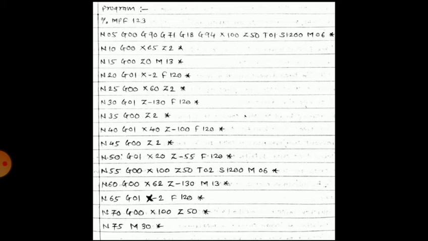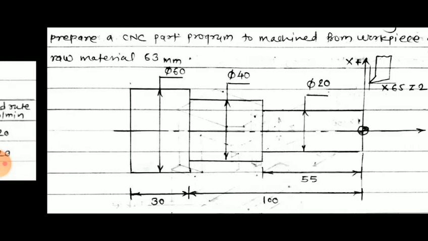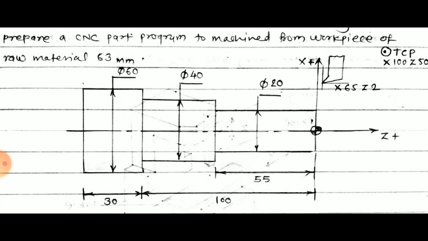So N20 G01 X minus 2 F120. The tool will move below the reference point along the X axis, so the complete facing operation will be carried out. The tool traveled for the facing operation 2 mm below the reference point 00. So the facing operation will be completed.